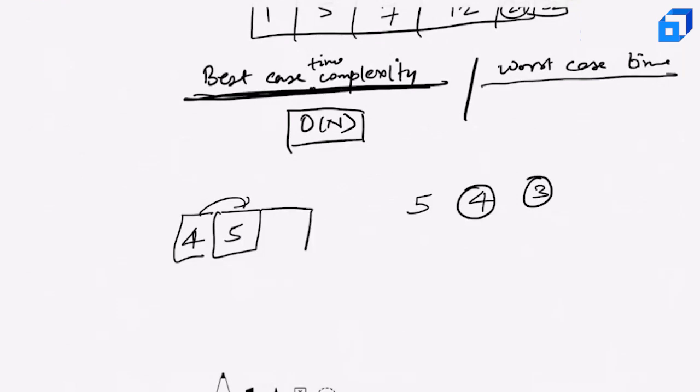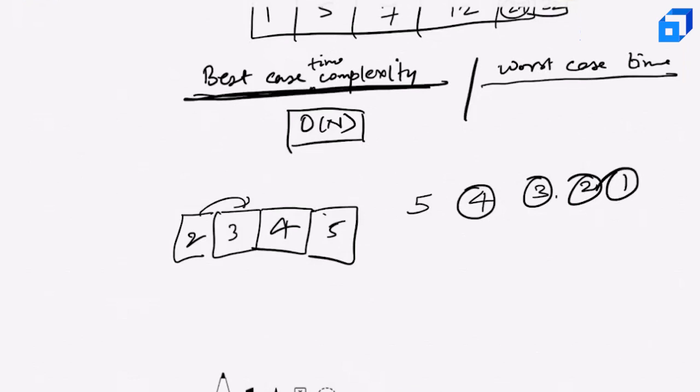You'll figure out that 3 is smaller, so you'll shift 5 here, then you'll shift 4 here, and then 3 comes here. Then I give you 2. You'll again shift 5 here, you'll shift 4 here, you'll shift 3 here, and then 2 will come here. And then again, you'll do one more shift to get 1 in if 1 is the next number, right?